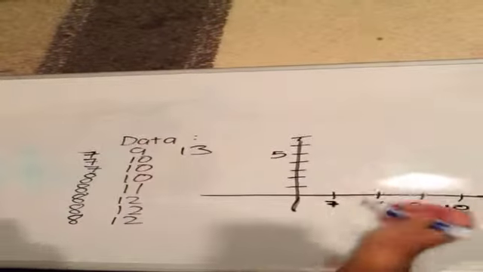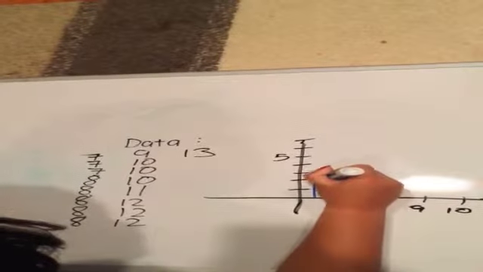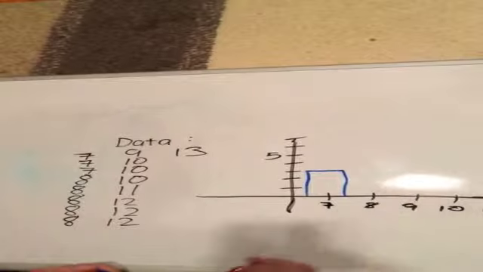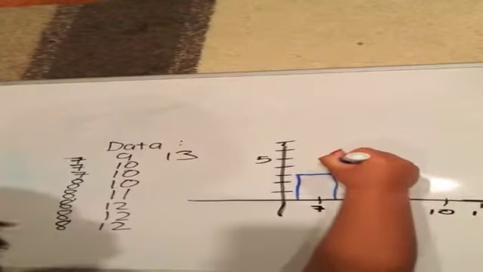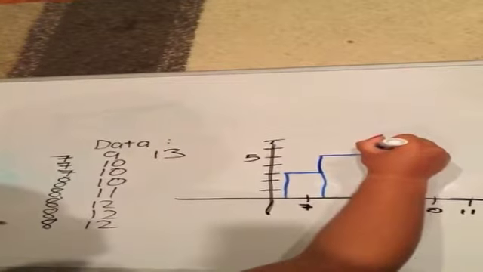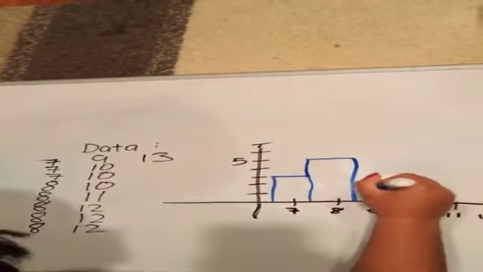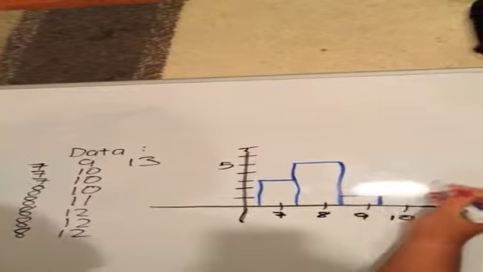Since there are 3 7s, we basically draw a bar going to 3. For 8, we would go to 5, 9 is 1, and it's basically just the same thing for all the other ones.